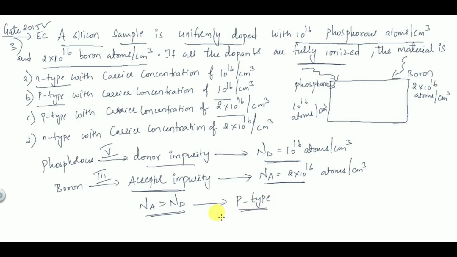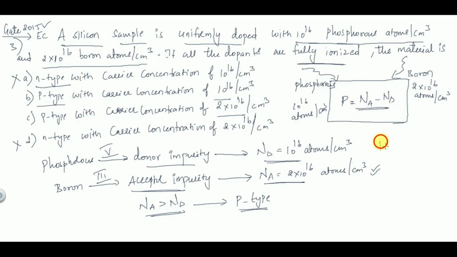So we can eliminate option A and option D. When two types of impurities are added, a donor impurity and an acceptor impurity, and the acceptor impurities are more in number, that is holes will be more in number, the resultant concentration will be equal to Na minus Nd.